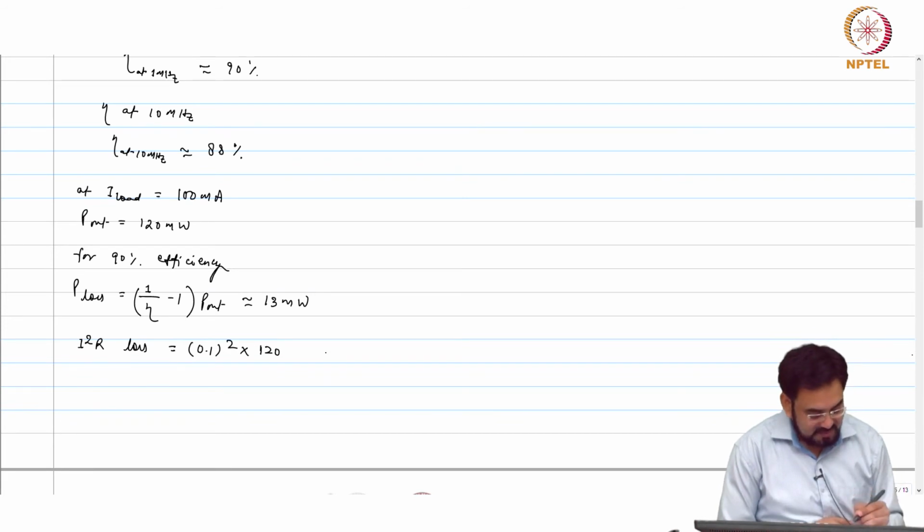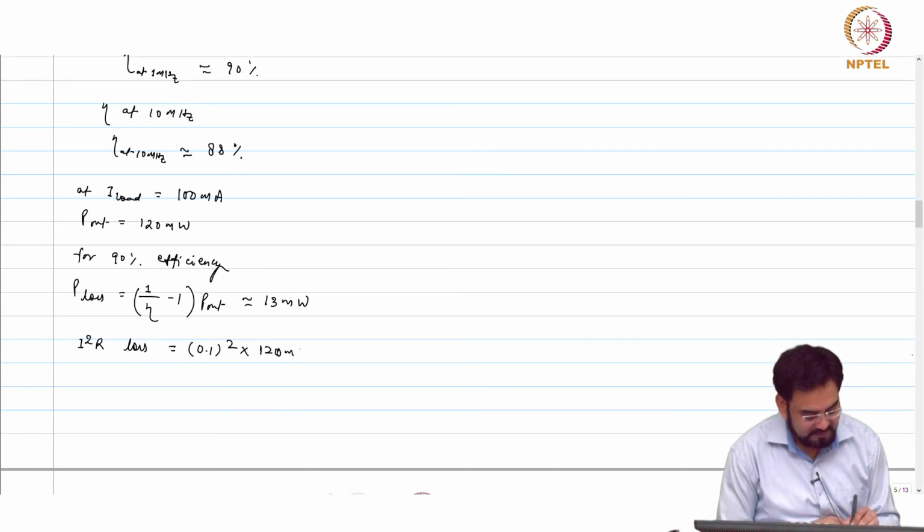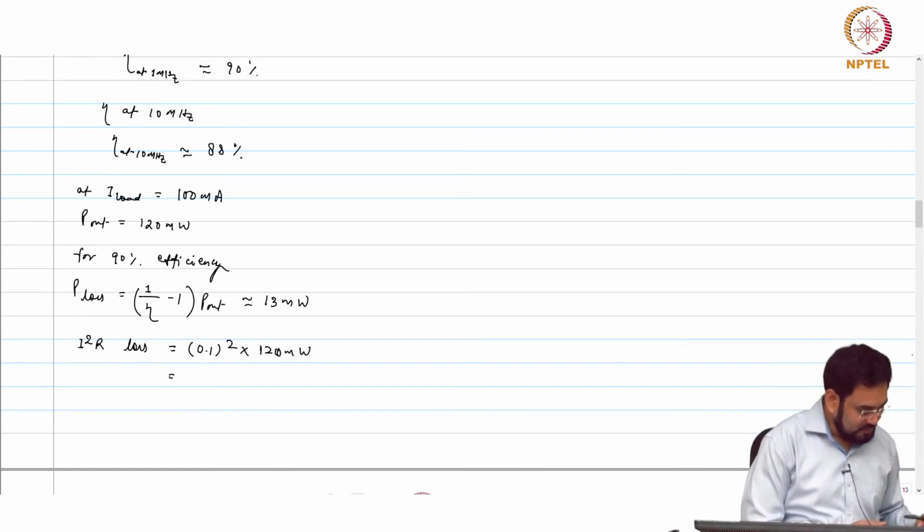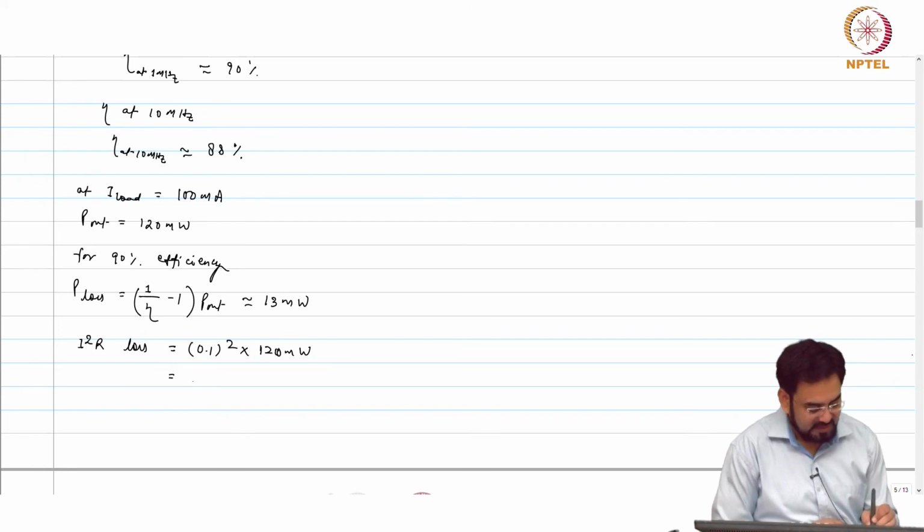So 0.1 into 120, sorry, 120 milliohm. How much is that? 0.12 into 1.2 milliwatts. 120 microwatt, huh?